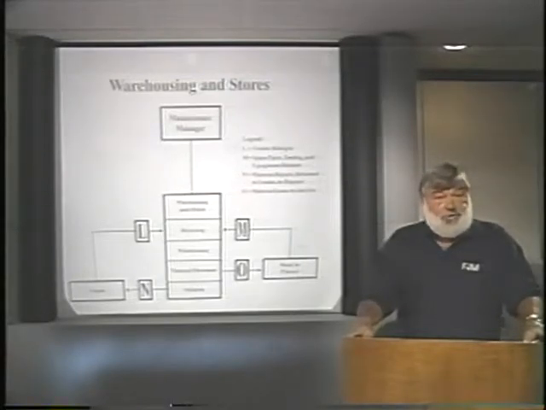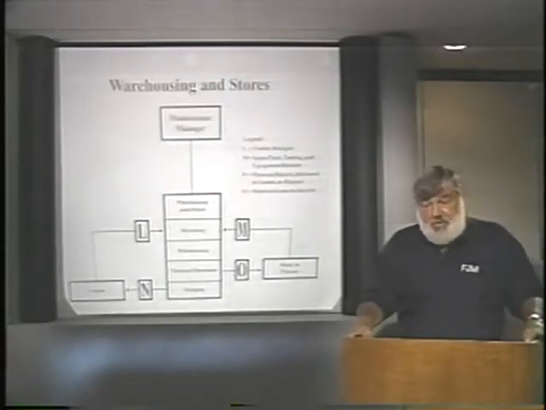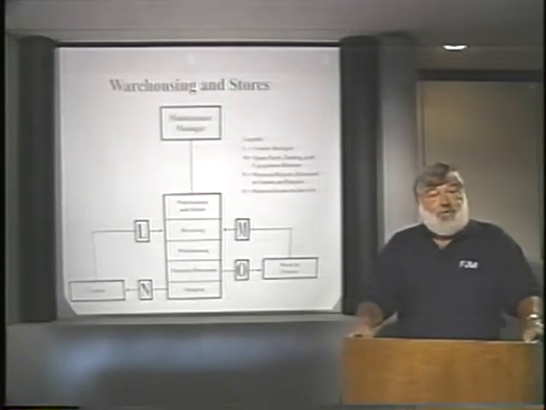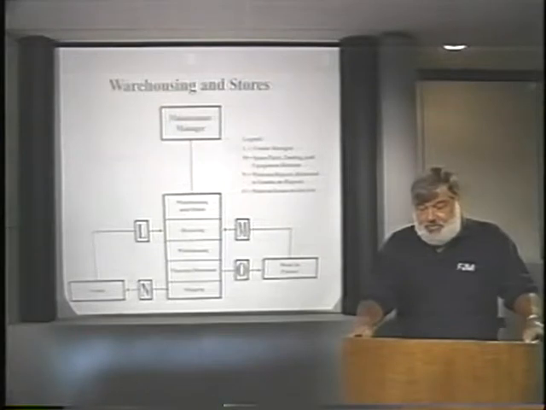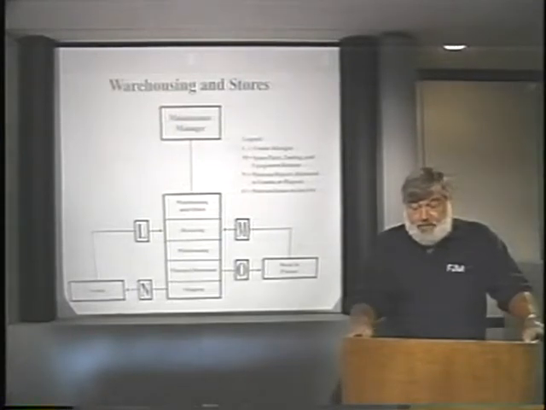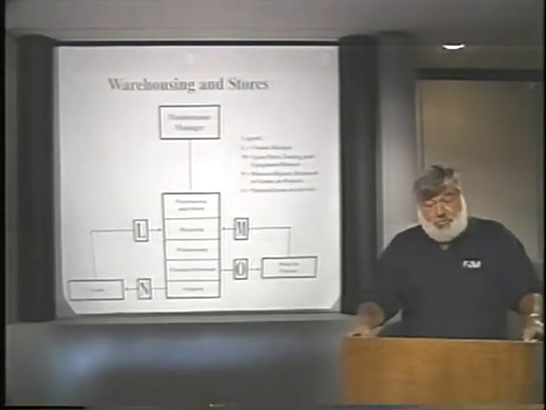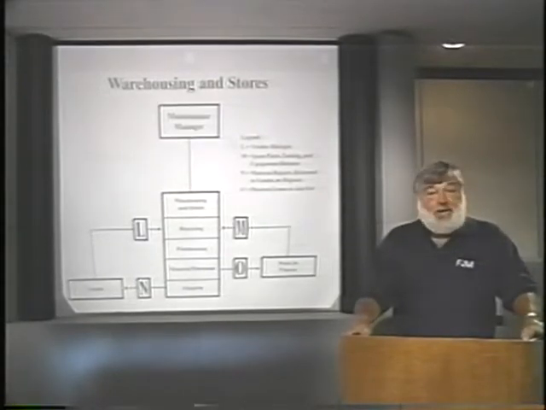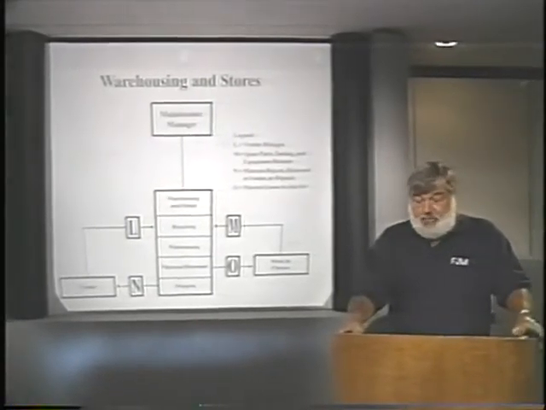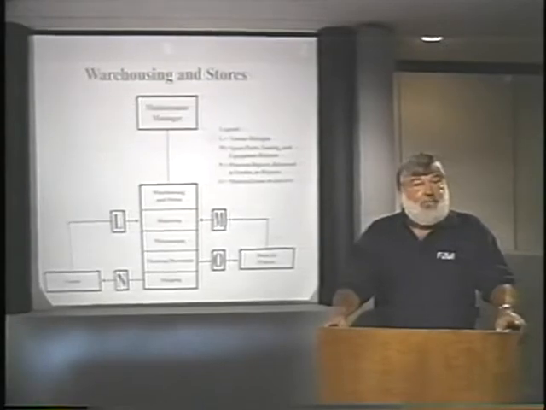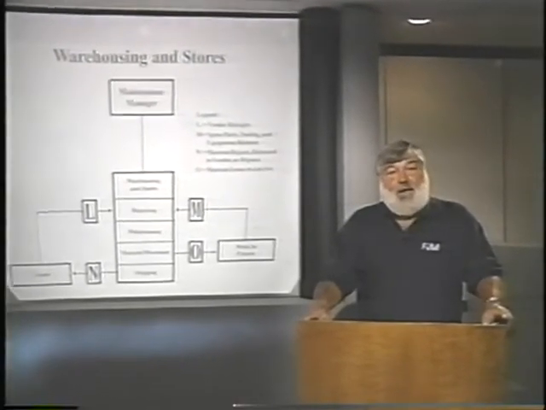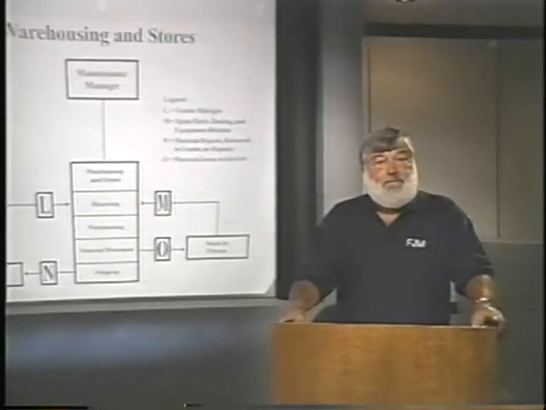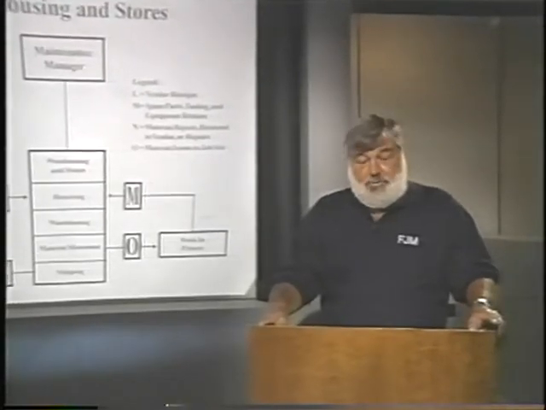There may unfortunately be some rejects, so item N, excuse me, is a return to the vendor, and where we actually are issuing material against the work order, O, and then ultimately the return of any unused material or the return of equipment or tooling or documentation, which is covered by M.